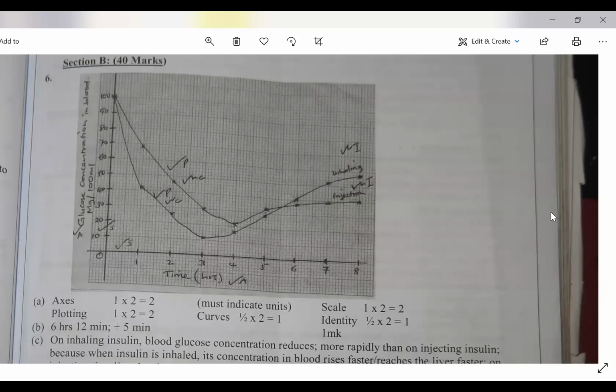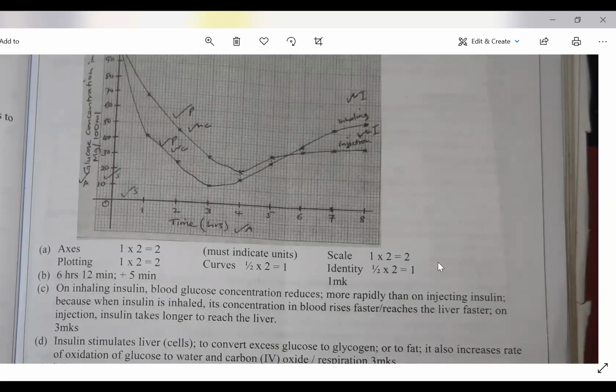Then I go to identity. Identity is the labeling of the curve. Have you written it as inhaling? Does this curve stand for inhaling? Does this curve stand for injection? If you identify your curve, you get a half for each identification.